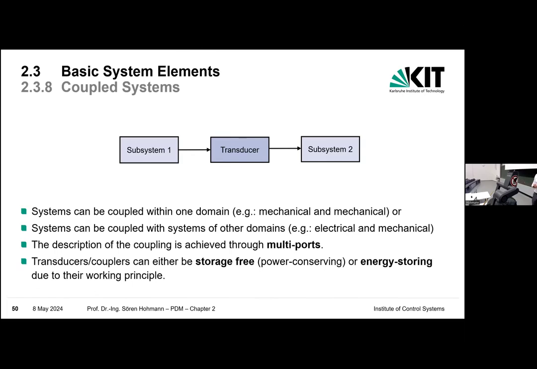This can happen in the same domain, but also from one domain to another, from the mechanical domain to the electrical, vice versa, from the mechanical to the hydraulic domain. We should answer how this works. And last but not least, the transducers or couplers can be energy storing, due to the working principle. That's important. And we should look at the different working principles.